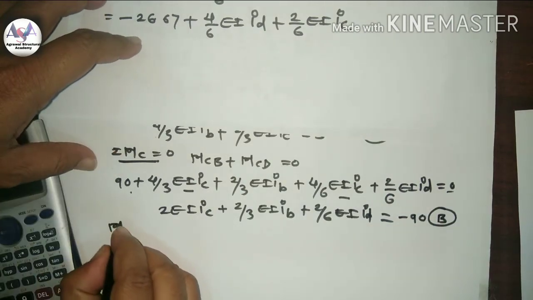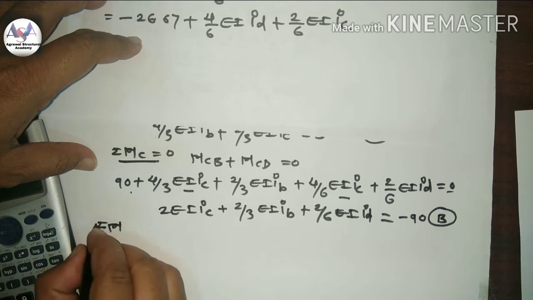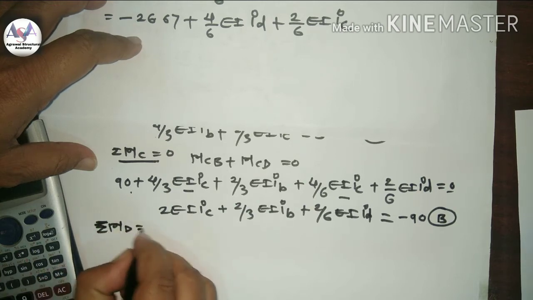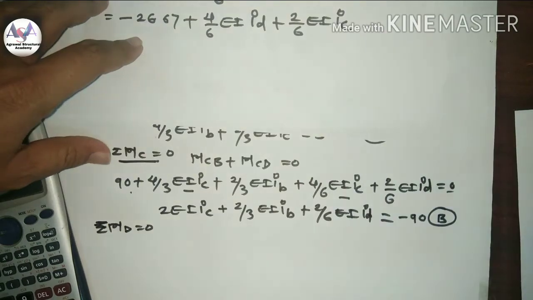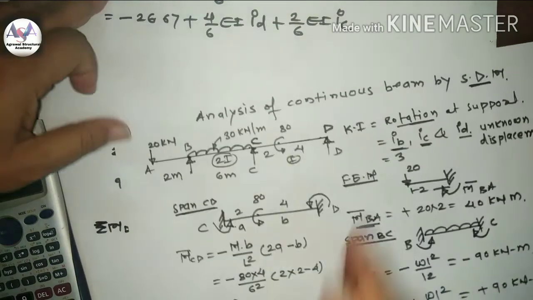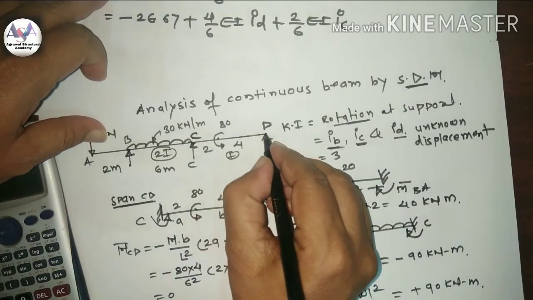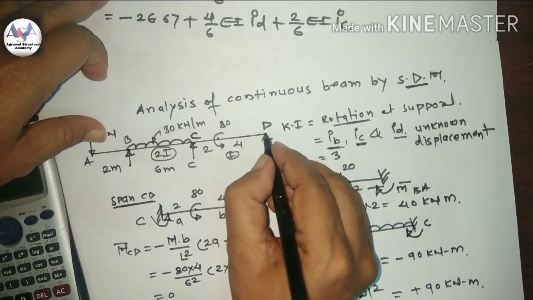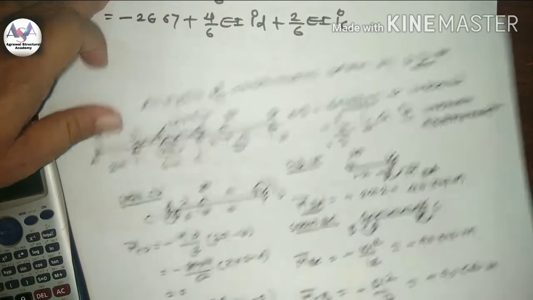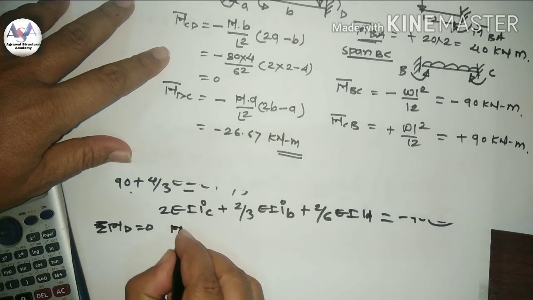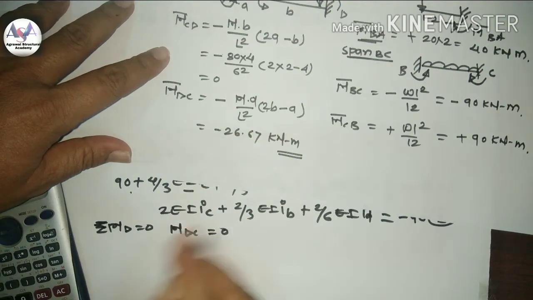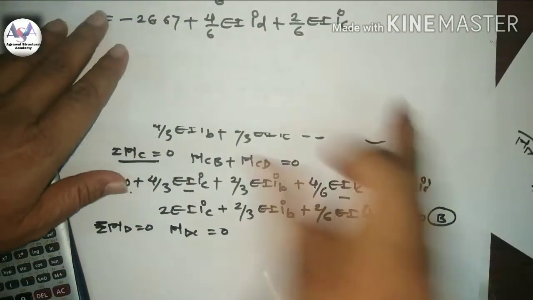Then apply the third condition, sigma M_D is equal to 0. Now this is an important condition, sigma M_D, here D. Here there is only one member, D to C. So M_DC is equal to 0. Now M_DC is how much?